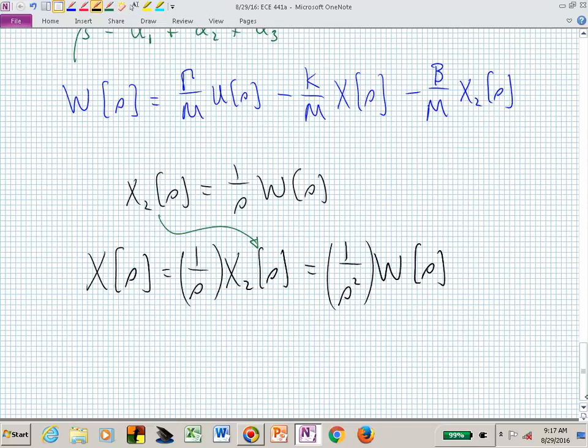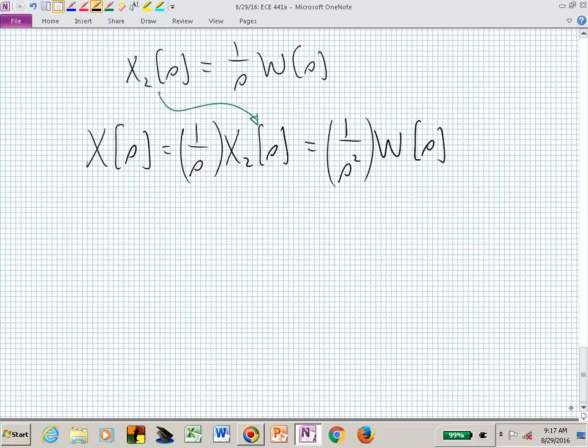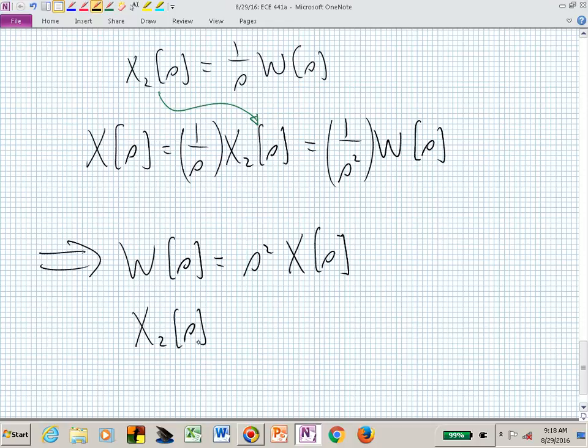This now gives us a relationship, actually two relationships in that one equation, relating x sub 2 to x and w to x. So that now if we want to rewrite w in any of our equations in terms of x, that's now s squared x of s. Likewise, x sub 2 of s is s x of s.